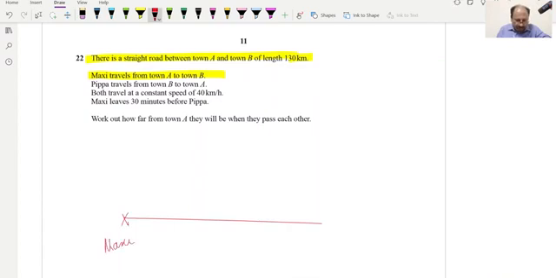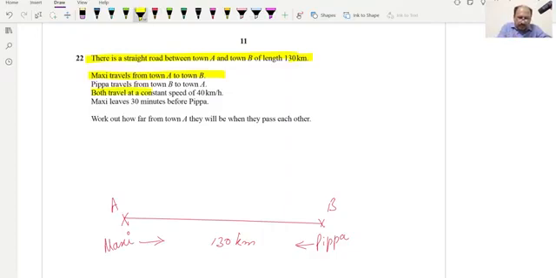This is Maxi, and this is Pipa's location, so Pipa is over here, and the total distance is 130 kilometers. Now Maxi travels from A to B, this is A, this is B, so Maxi is traveling in this direction, and Pipa travels from town B to town A in this direction.